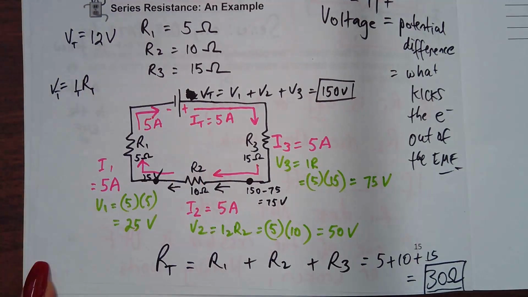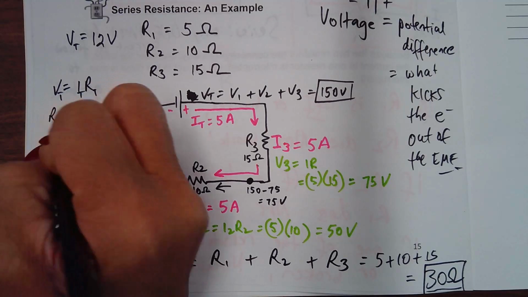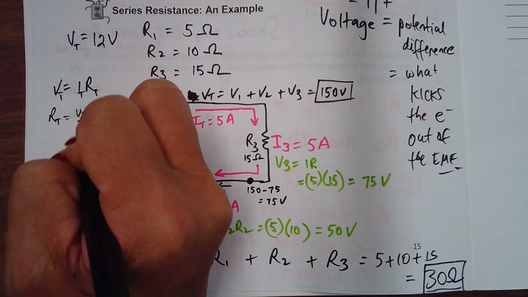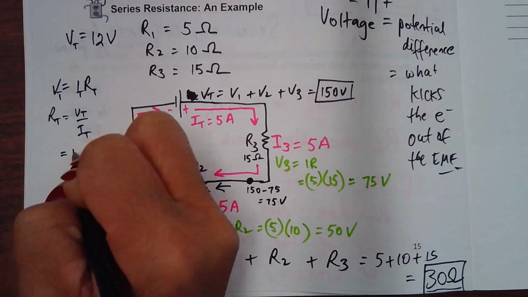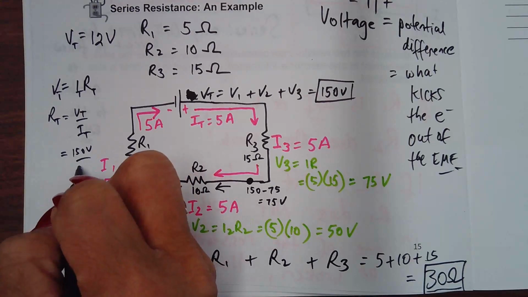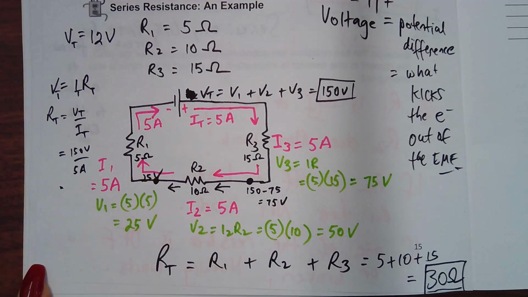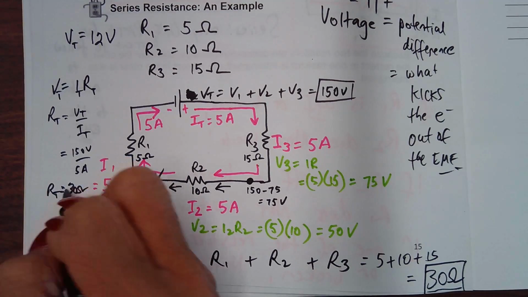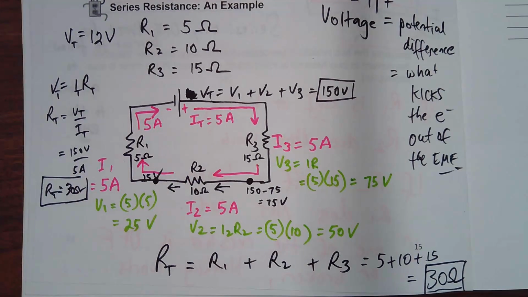So if you're looking for RT, then you go VT over IT, because we know the VT, which is 150 volts. You divide it by the total I, which is 5 amps. What's the total resistance? Still 30 ohms. So that's another way of finding the R or the VT or the IT, whatever it is that is missing.